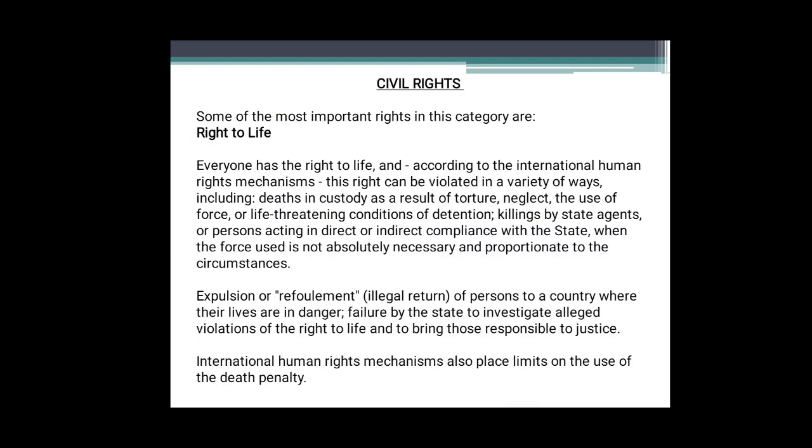So in the civil rights, some of the important rights in the category of the right to life.